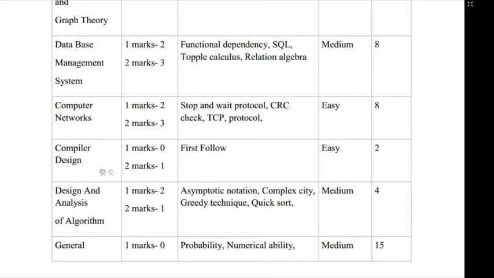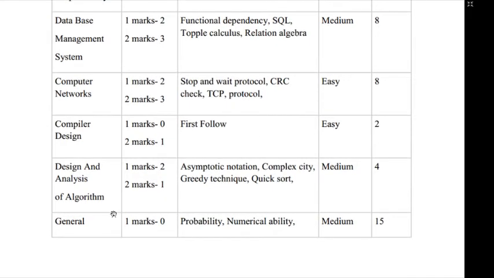In compiler design, there was no one-mark question, but one two-mark question was asked on first and follow, which is very easy, a 2-mark question. Design and analysis of algorithms, 2 one-mark questions and only 1 two-mark question.